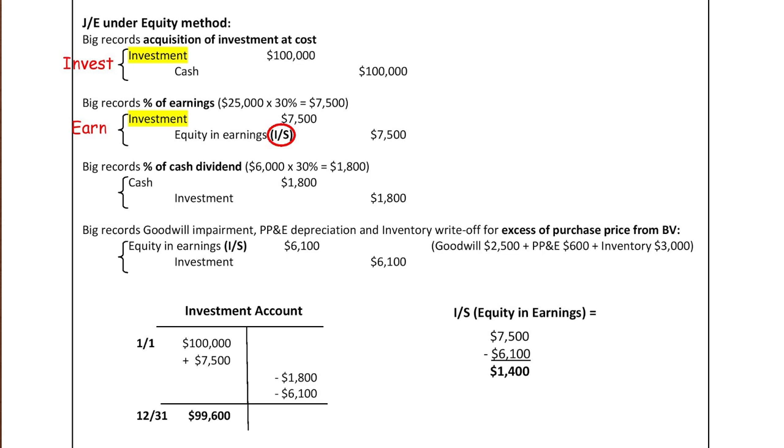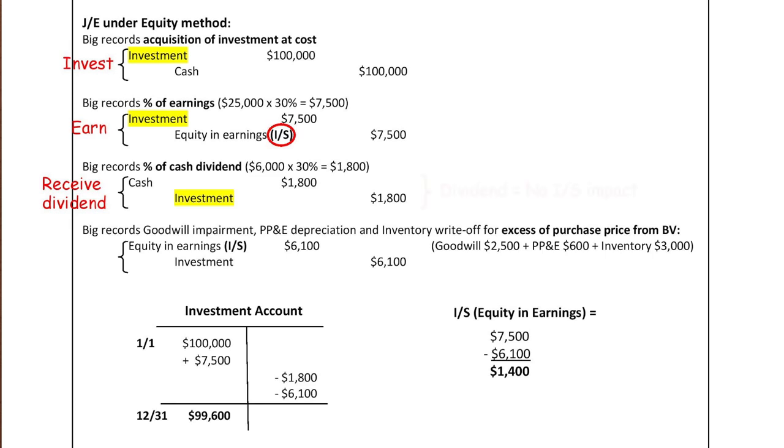However, when big receives dividend from small, so small pays out dividends of $6,000. Big owns 30%, so gets a dividend of $1,800. So when big receives dividend, it's cash debit and investment credit.